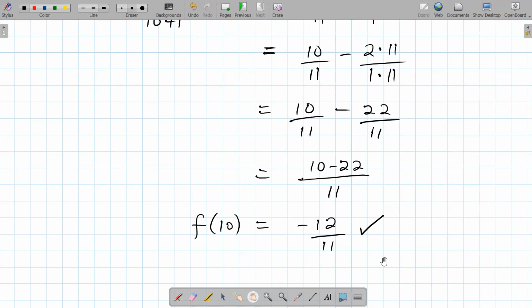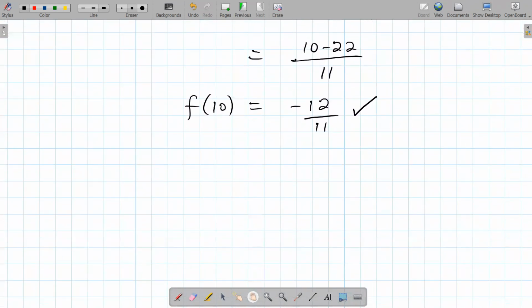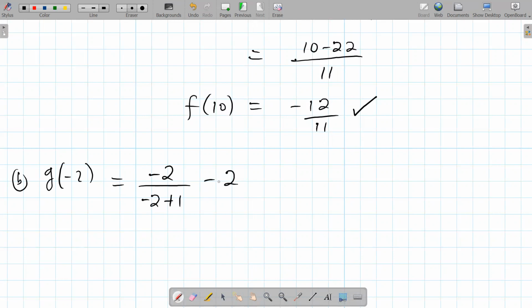Let's go ahead and do the others. We have g of negative 2. So there's the second one, b. It's also replacing the t there. So it's just going to be negative 2 over negative 2 plus 1, and then minus 2.